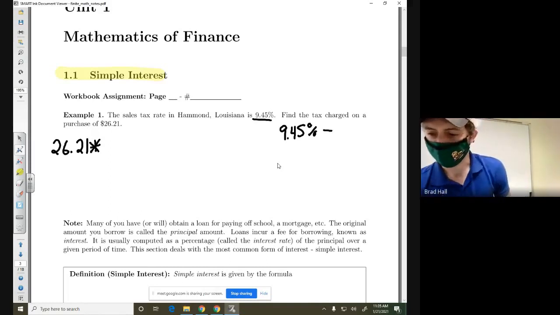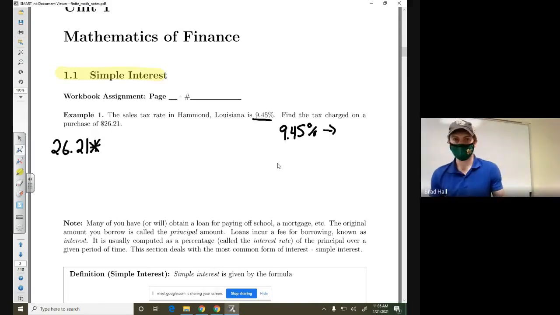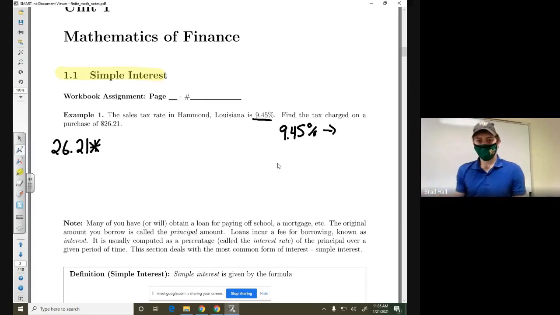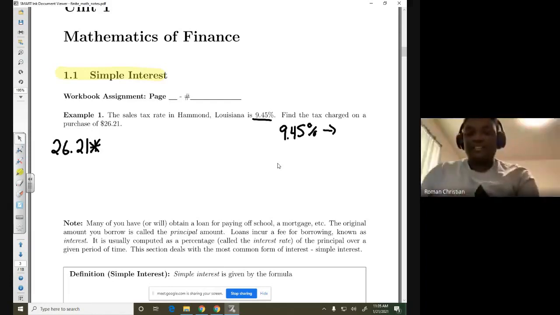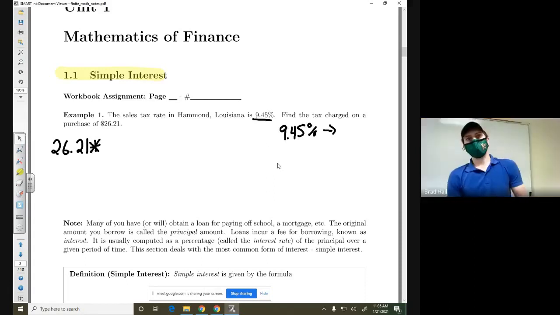What do we have to do with that percentage? Anyone remember? Well, someone just raised their hand. You can go ahead and say it. I think what you're supposed to do is turn it into a decimal value. And then of course, in a capricious manner, I say, but there's already a decimal.